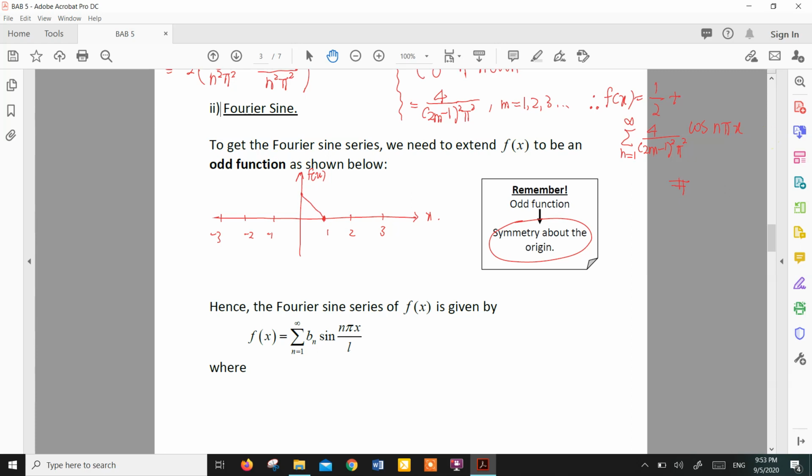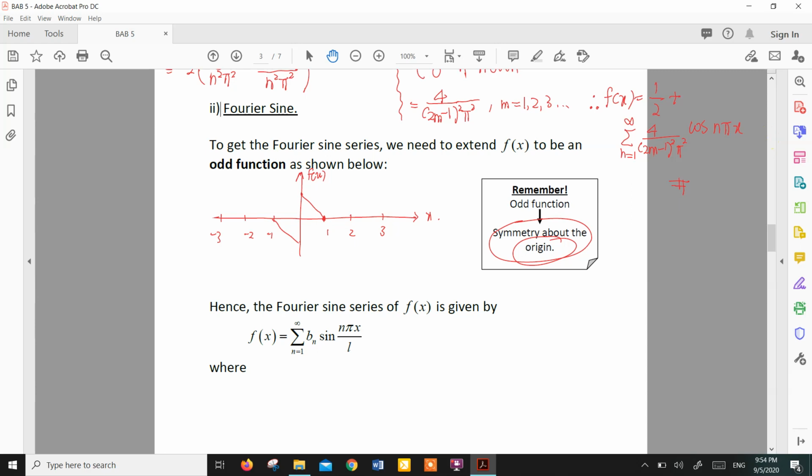So if you want to do the half range expansion for sine series now, your graph must be symmetric at the origin. So your graph will be like this. This graph is symmetric at the origin. So you have to repeat the graph, since it is a periodic function, right?